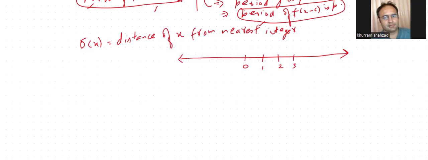Suppose I wish to calculate the value of sigma at 0. So for an integer, the distance of 0 from the nearest integer. What is the nearest integer of 0? This is 0. So sigma of 0 is actually 0 minus 0, which is equal to 0.